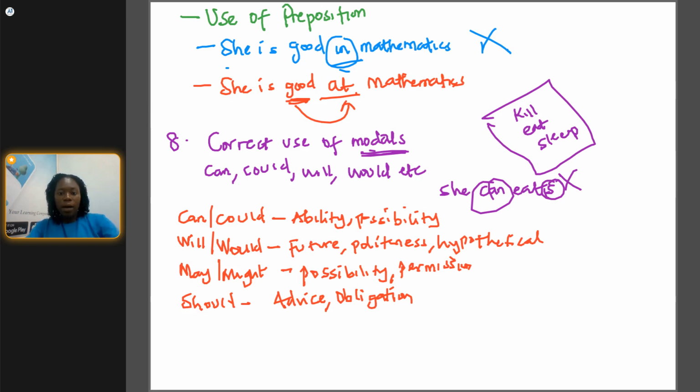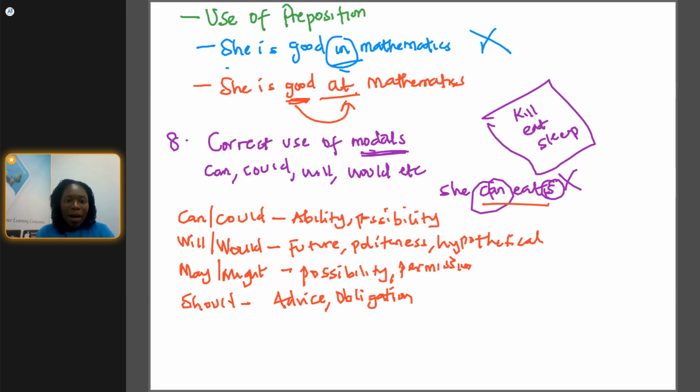So when you talk about can, it is used for present or general ability. I gave an example. I said she can eat. That's showing ability, showing what she can do.